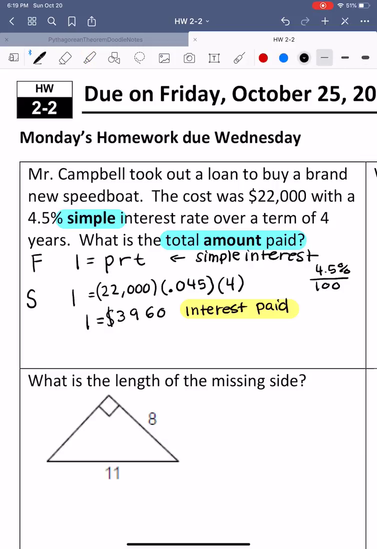So here's my solution here, but in order to find the total amount paid, I'm going to have to take 3,960 and add that to my principal, and that's going to equal A, which is our total amount.